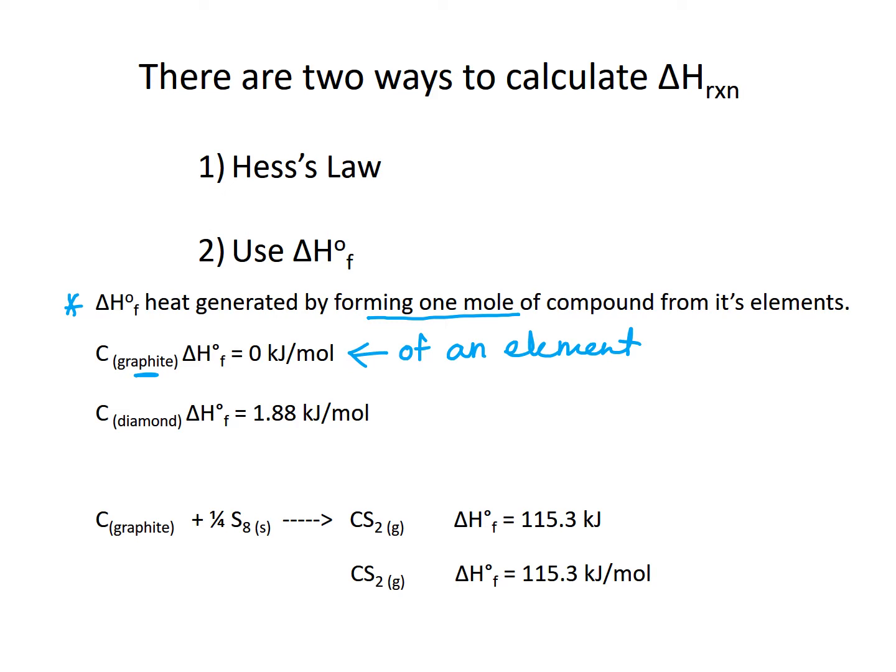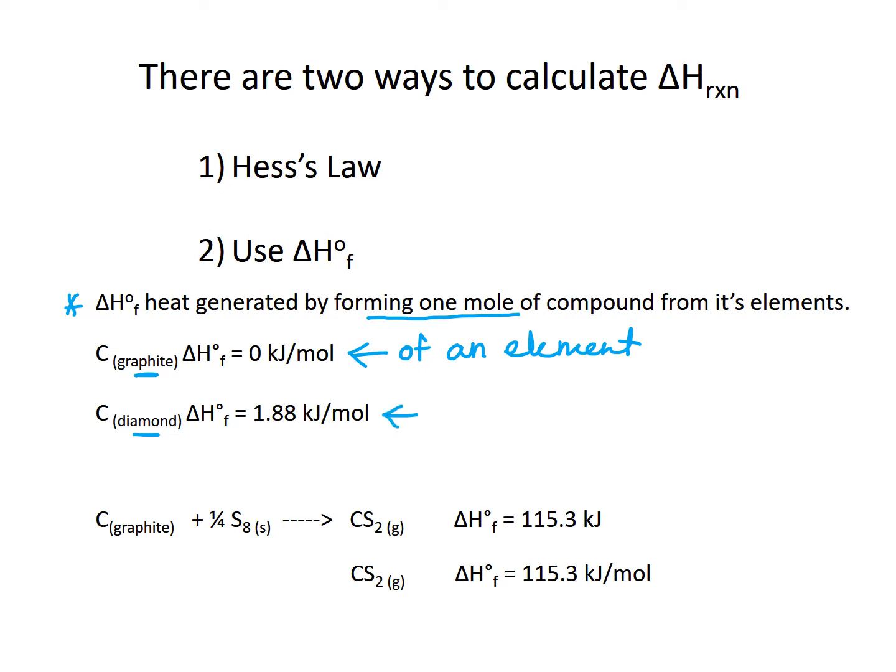I wanted to point out, though, that when you have an element that's more ordered, so graphite, carbon is the lowest energy state. Carbon in diamonds is more structured. They're in a very specific location. And because they're in that specific location, there's a little bit more energy for them to form, okay? So because of that, delta H of formation is 1.88 kilojoules per mole. So just a little bit of energy, okay?